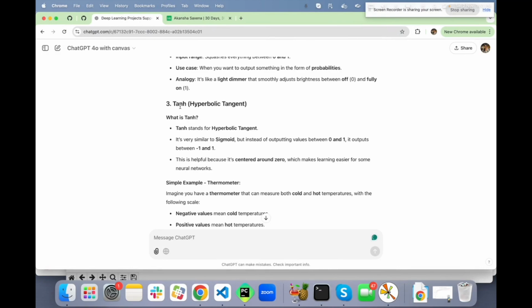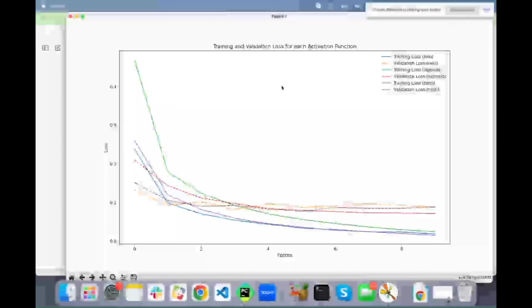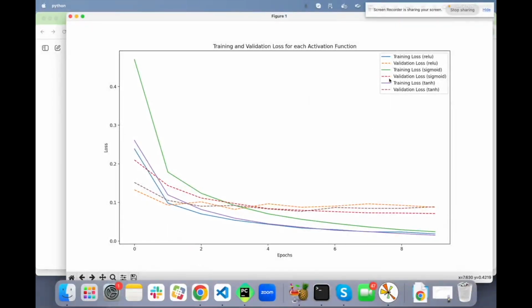Hyperbolic tangent is violet and then the dotted dark violet. So violet dotted, this one. It started, the drop is not that much, but it is going some. It is like going like the rectified linear unit, and the validation is also decreasing only.